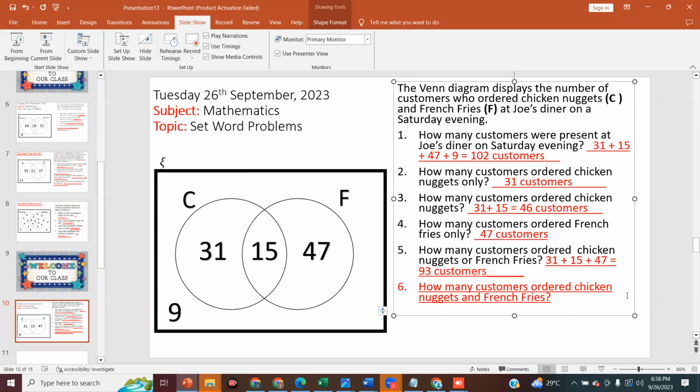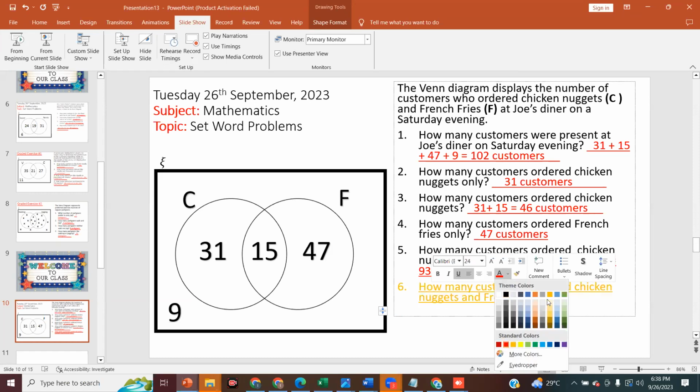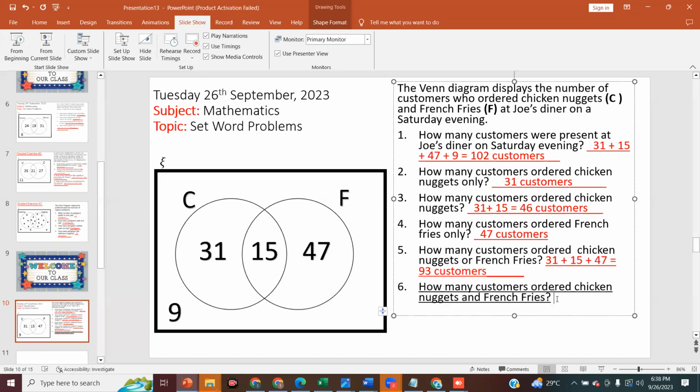The keyword there is "and," or we could say "both," all right? How many customers ordered chicken nuggets and French fries? Or basically, how many of them ordered both of them?